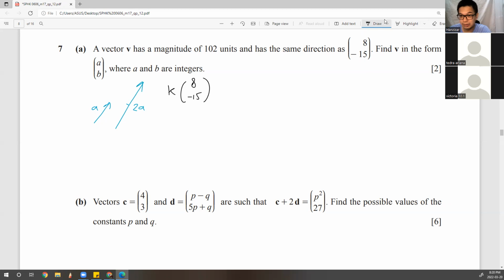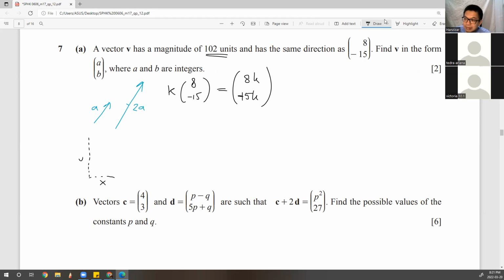You don't have to write the k inside the x and y. So the magnitude is 102 units. If we combine this, it becomes 8k over negative 15k, like I said previously, and this magnitude is 102. Do you know what the magnitude is? Let me give you one idea about this.